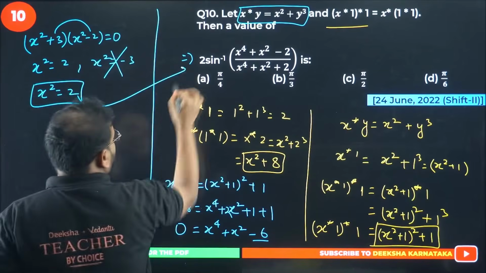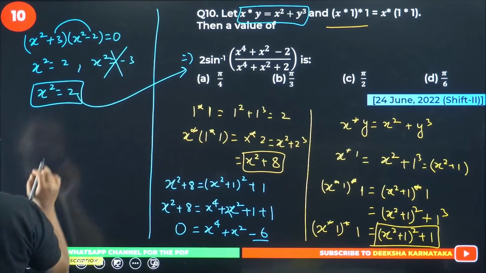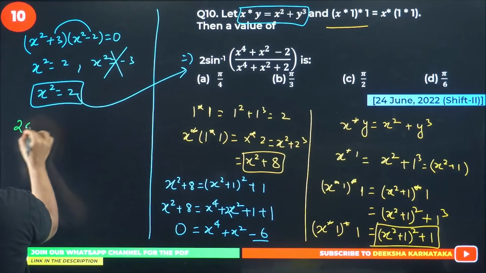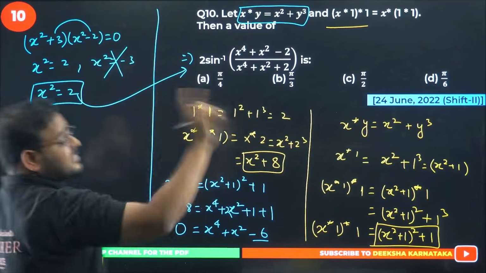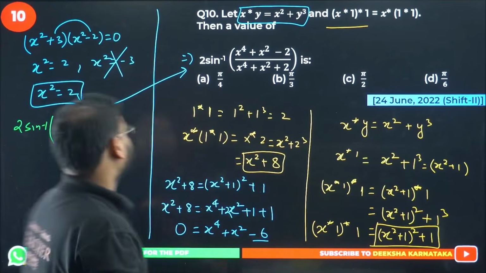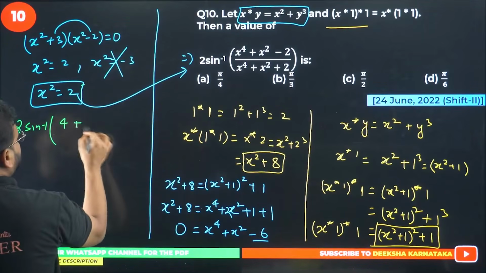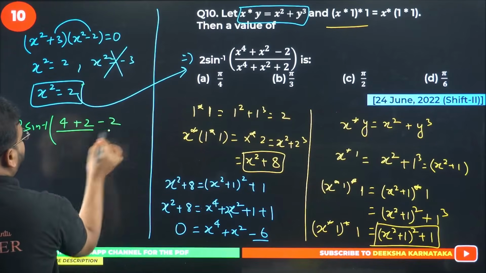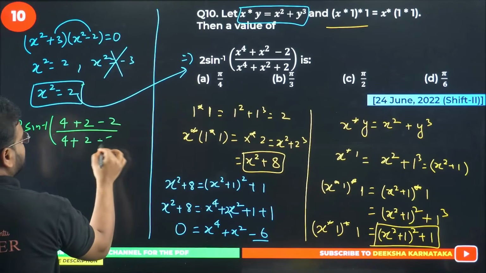Use this in this condition. What I have in this condition, this is going to be 2 sine inverse of x square means x power 4 means x square the square. So 2 square. How much is it? 4 plus 2x square is 2 minus 2 divided by again 4, x square is again 2 plus 2 this time.